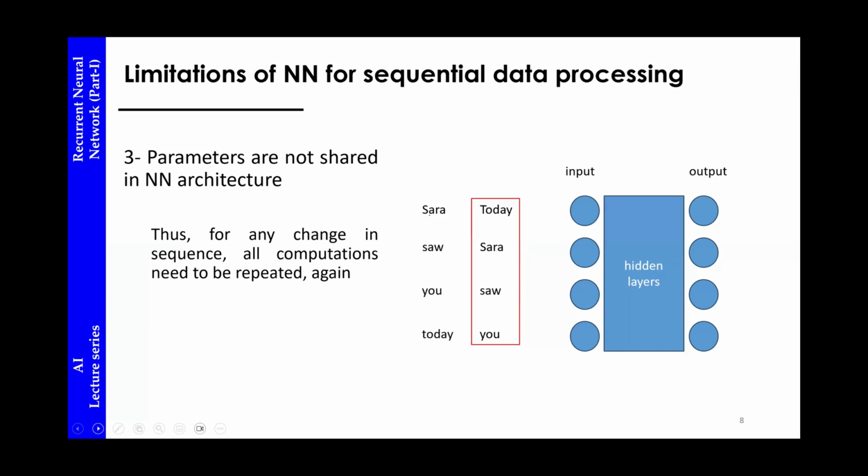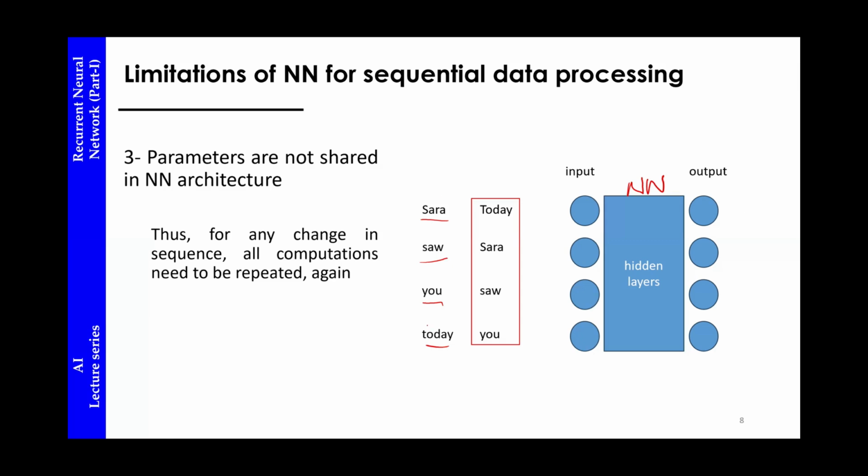If you ask your neural network to translate "Sarah saw you today", you input it to your neural network and get the output, in whatever language you want, for example, let's say you translate English to, I don't know, an Indian language, and get the output.